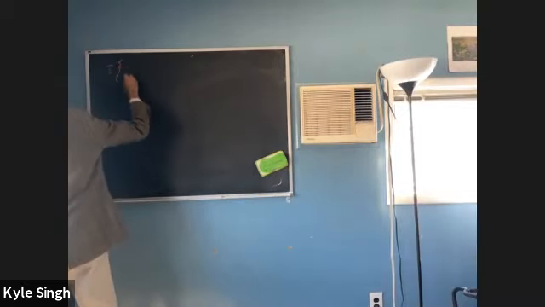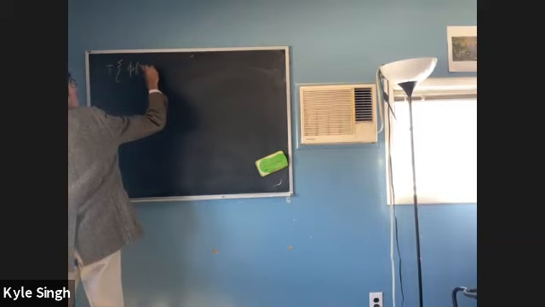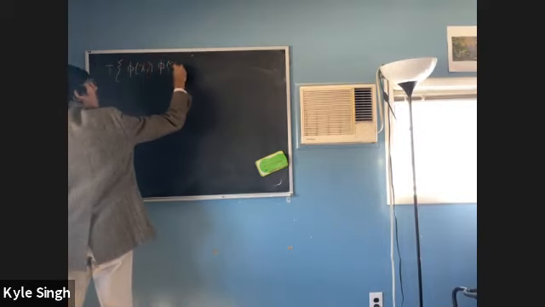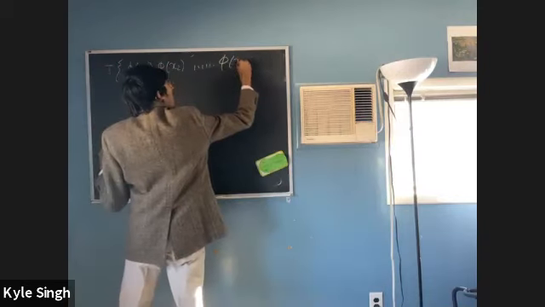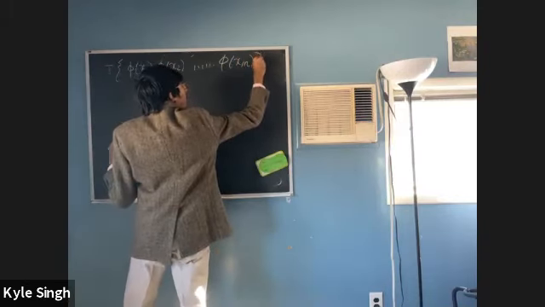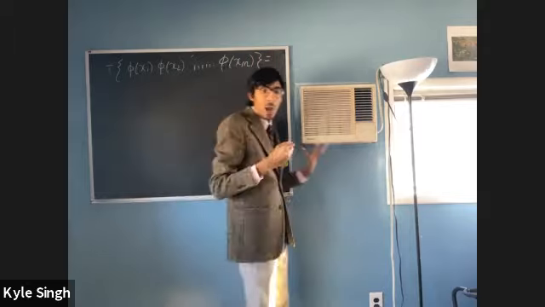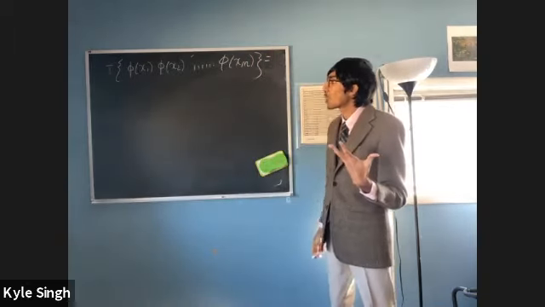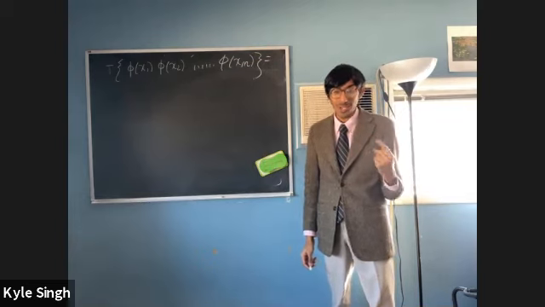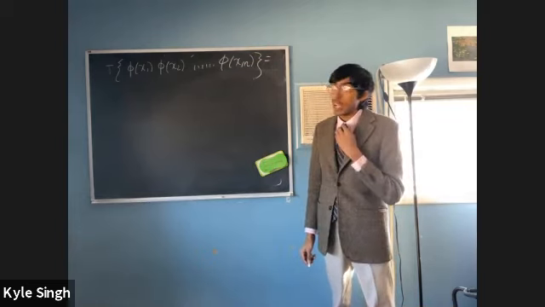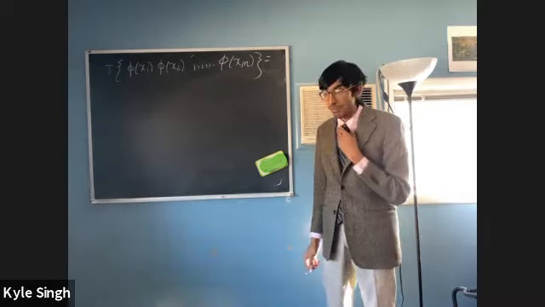So what if I have the time ordered product of phi x1, phi x2, up to phi xm? How would I write this down? Now this is probably super daunting, right? Because it's like, oh God, I have this combination, that combination. It's actually not so bad now because we have Wick's theorem.